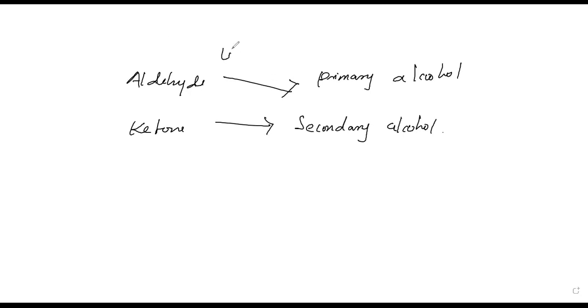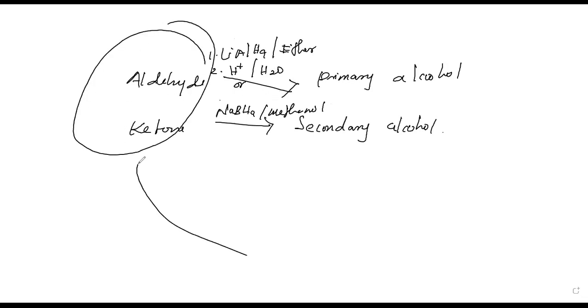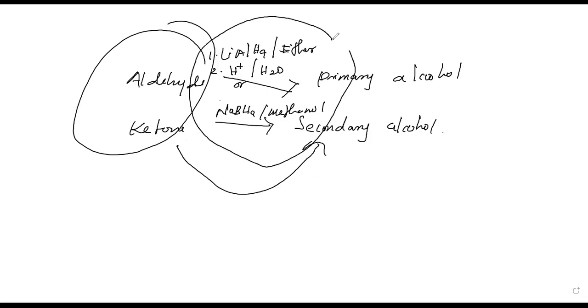Here we are using lithium aluminium hydride in presence of ether, then H plus, H2O, or you can use sodium borohydride in presence of methanol. So when you want to reduce the aldehyde or ketone to alcohol, we need this reagent.